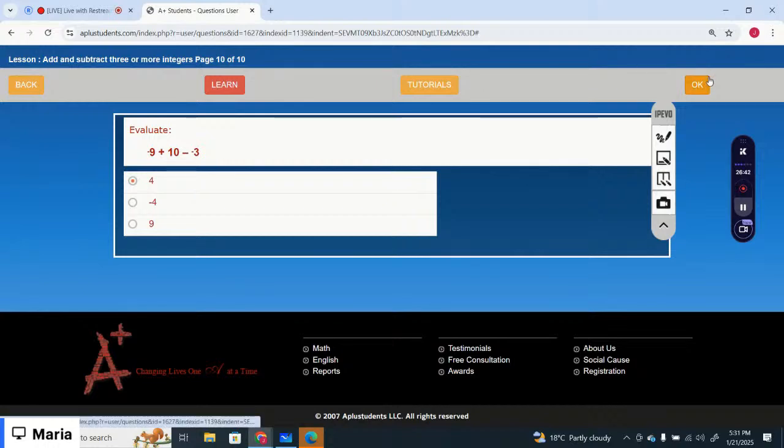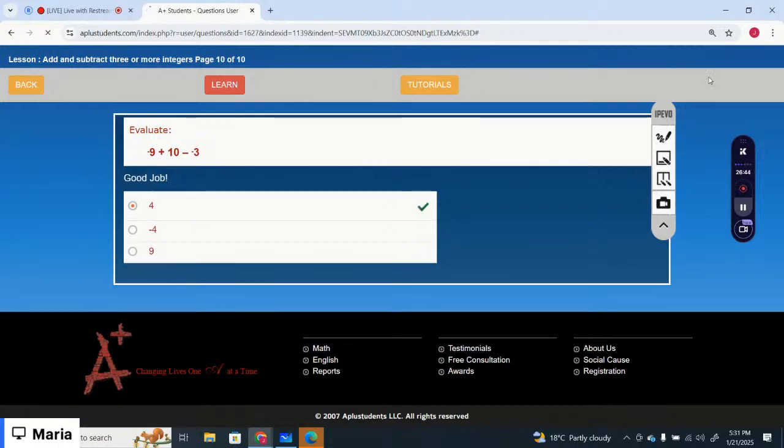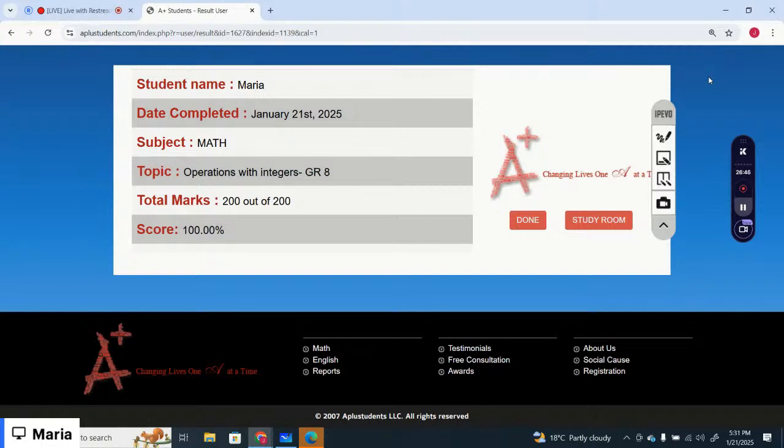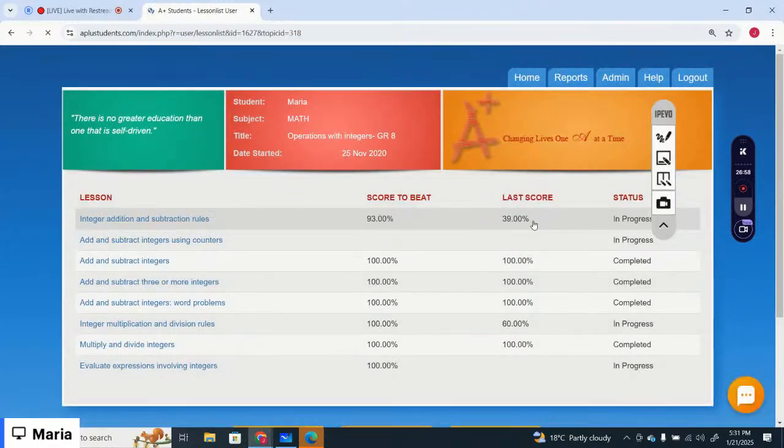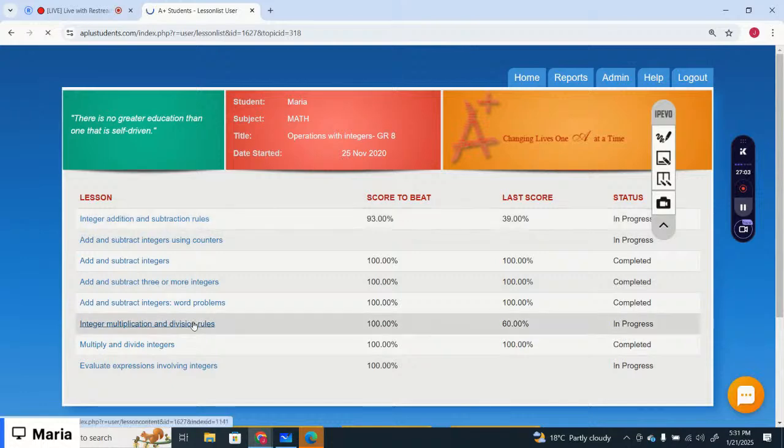Okay, we are done with the lesson. Let's move on to the next lesson. That is integer multiplication and division rules.